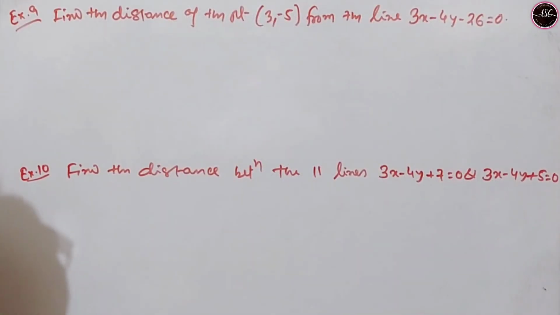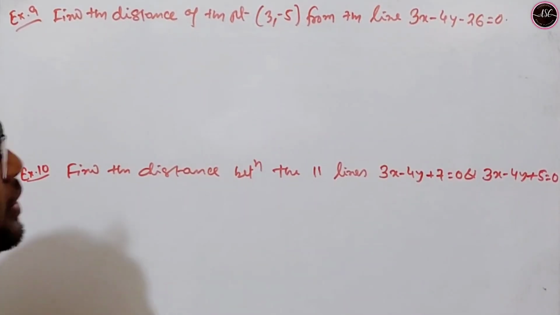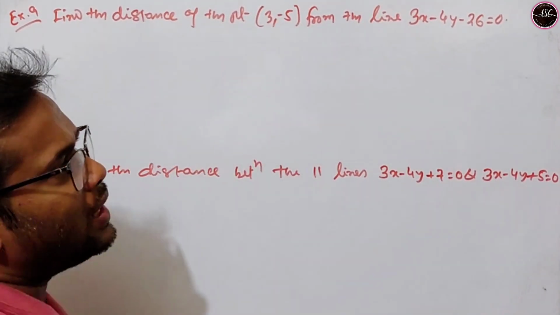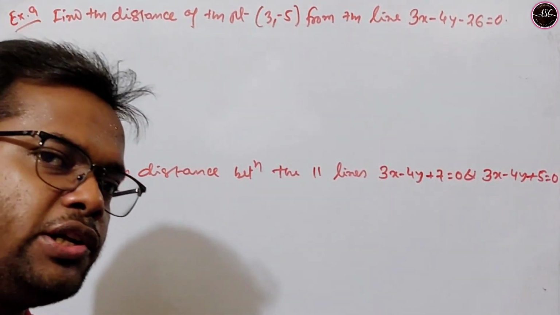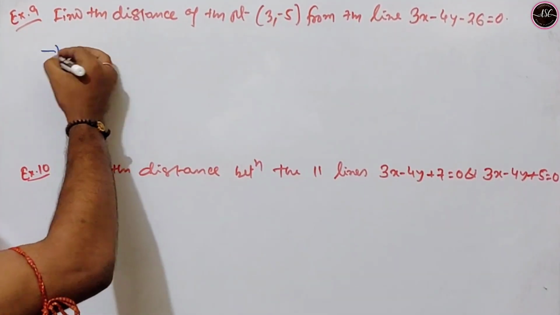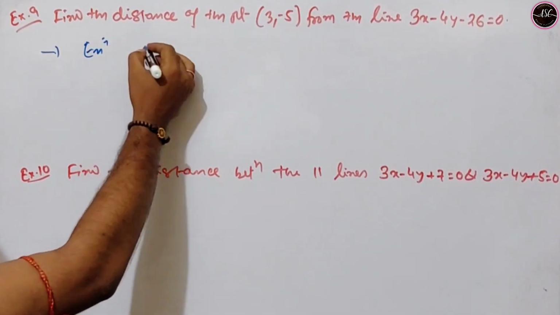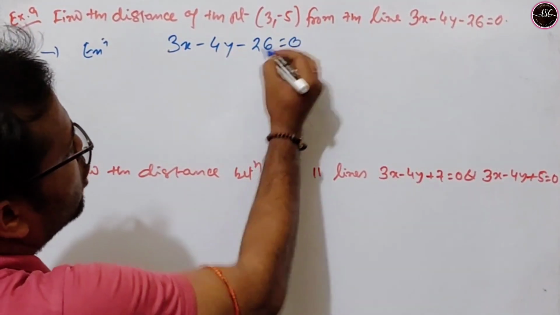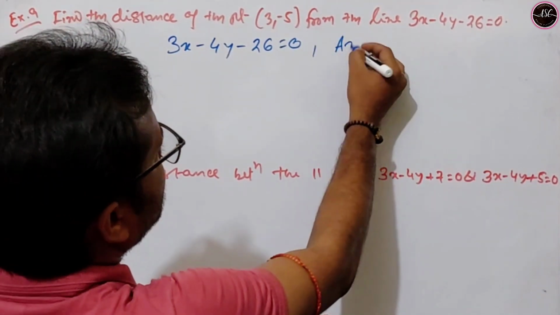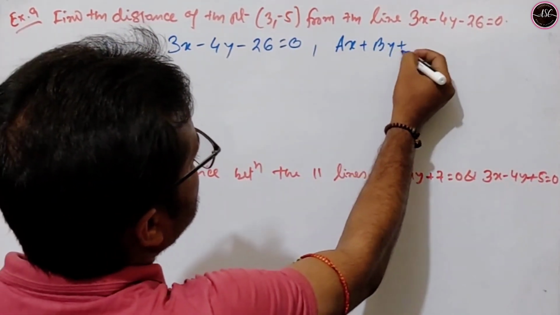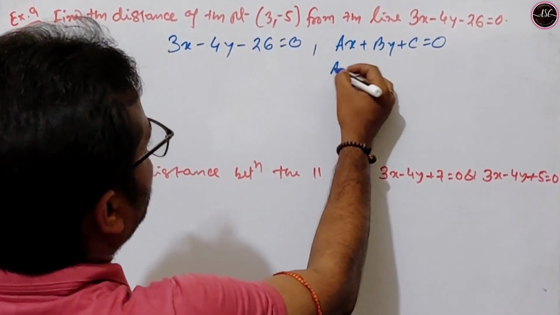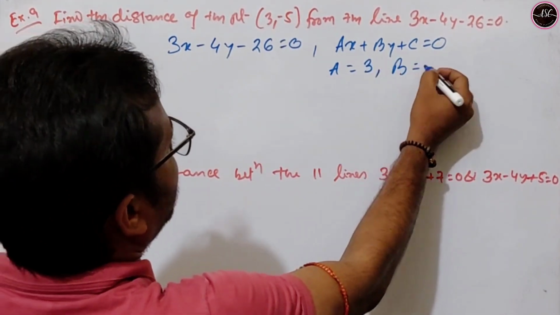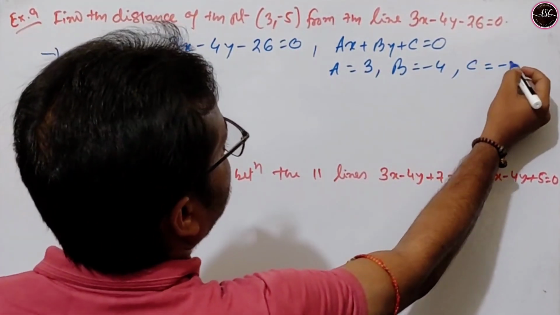Just look at this example. Find the distance of the point 3 comma minus 5 from the line 3x minus 4y minus 26 equal to 0. So here the equation of the line is 3x minus 4y minus 26 equal to 0. If we write this as ax plus by plus c equal to 0, then a equal to 3, b equal to minus 4 and c equal to minus 26.